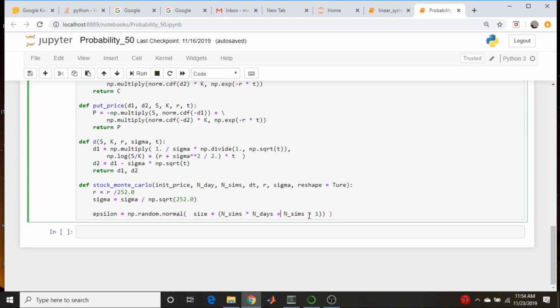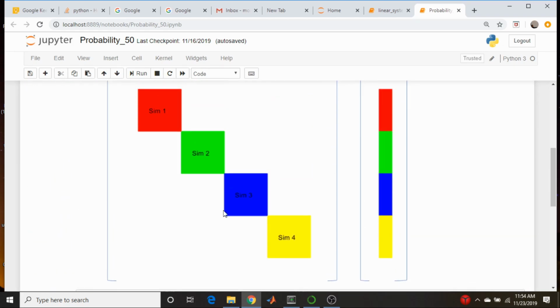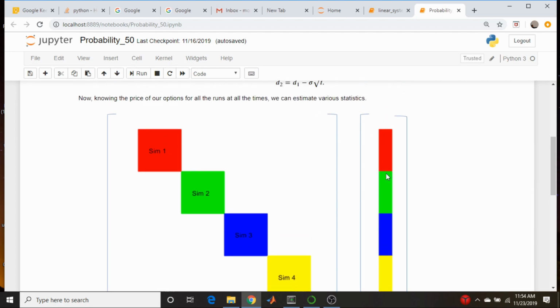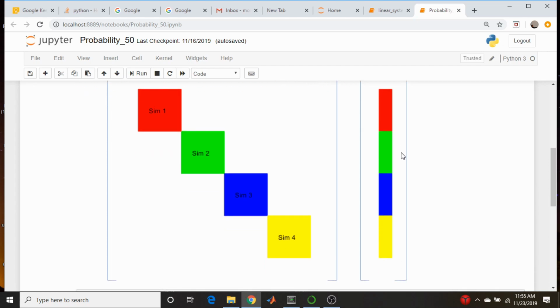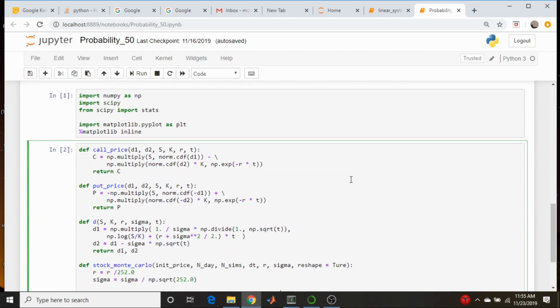So let me rephrase this. Let's go back up here first, and say, for example, we have 1,000 simulations of 30 days. That's 30 times 1,000, which is 30,000, and then we need the 0th day for each of these simulation blocks. So we're going to have to add another 1,000.